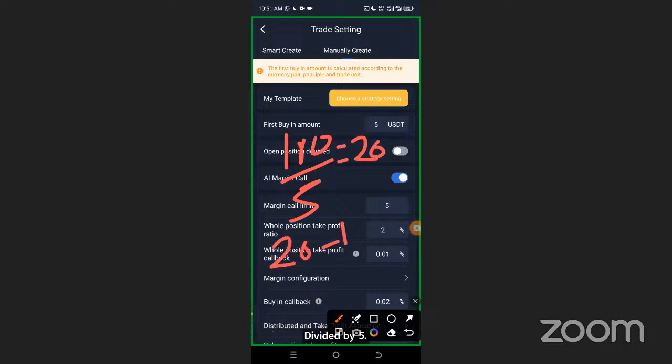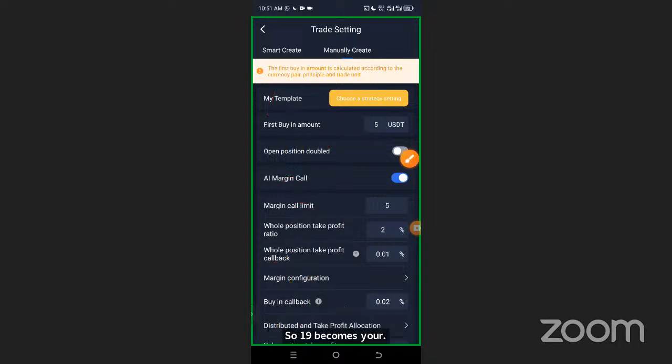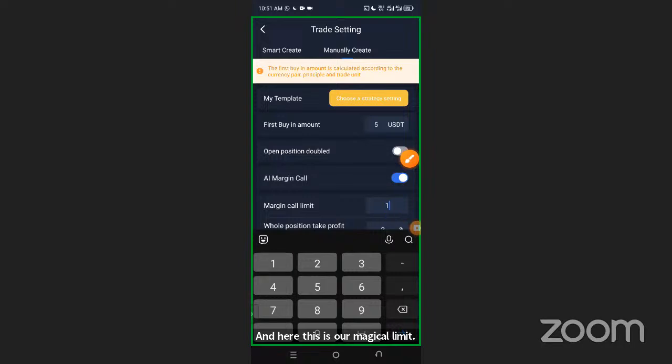So 20 minus 1, the one comes from the word first, because first means 1. 20 minus 1 and you get 19. So 19 becomes your margin call limit. So here you are going to put 19.